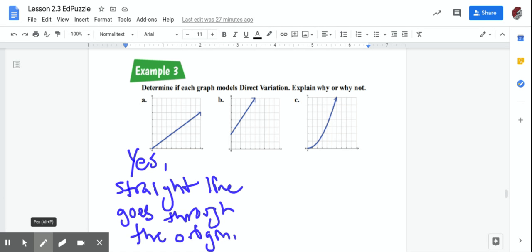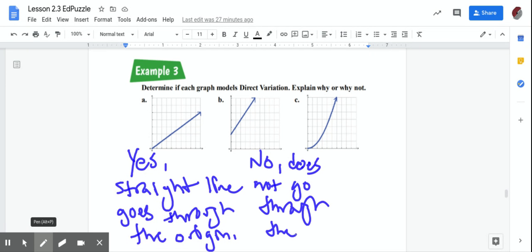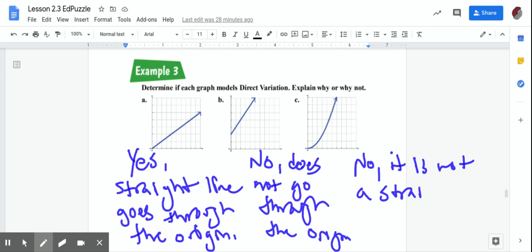B is no, because it does not go through the origin. And then as we can see, C is no, it is not a straight line. So A is yes, it's a straight line, goes through the origin. B is no, it does not go through the origin. And C is no, it is not a straight line.